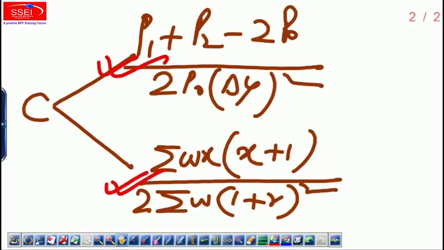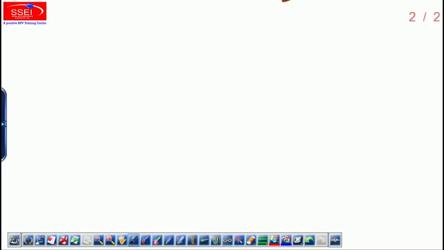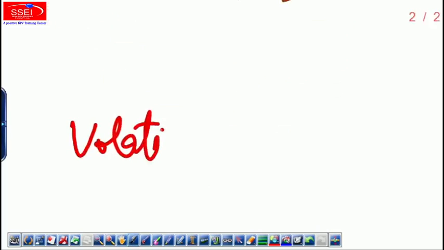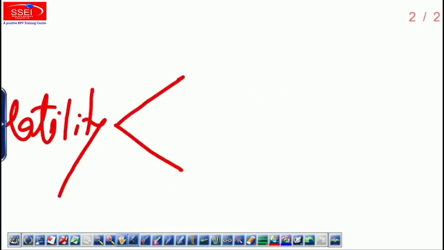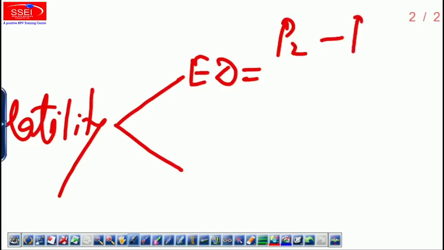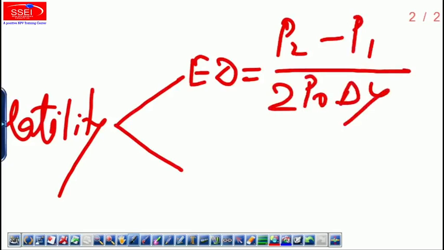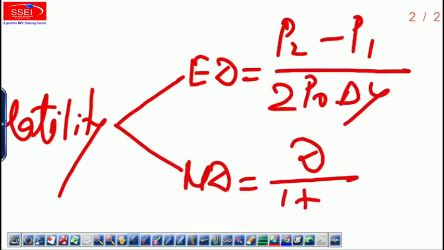For that purpose, let's remember duration, even the price volatility of a bond. There are two ways. One is effective duration, which is (P2 - P1) divided by 2P0 delta Y, and the other is modified duration, which is duration by (1 + R).